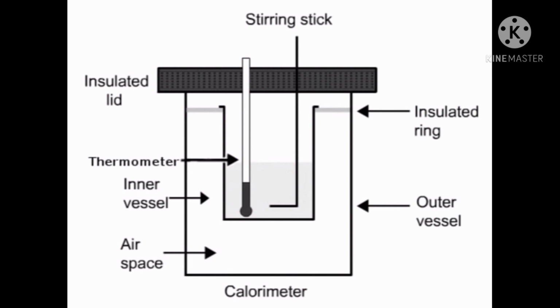On the upper side you can see an insulated lid with two holes: in one a thermometer is placed and in the other a stirrer. The thermometer measures the temperature of the liquid and the stirrer stirs the liquid. And an insulated ring. So students, this is how the calorimeter is.